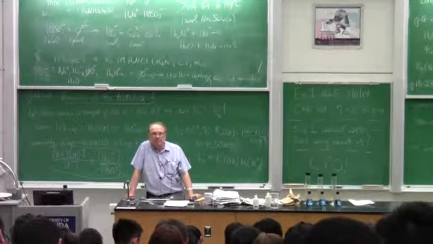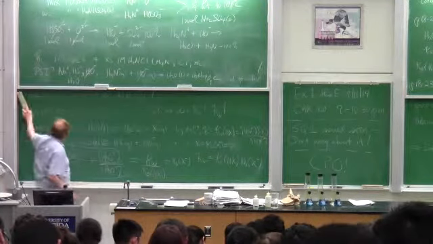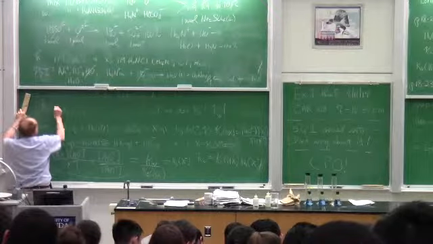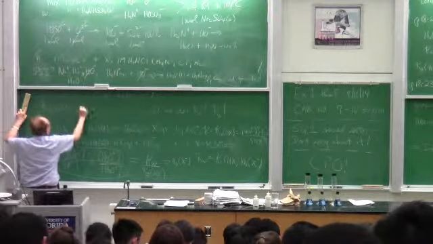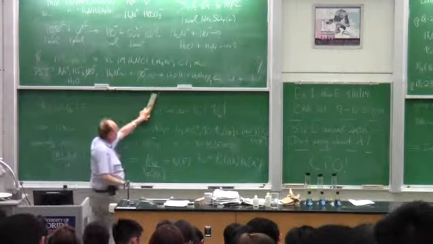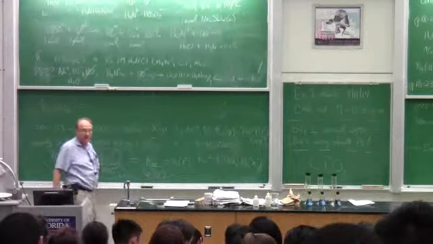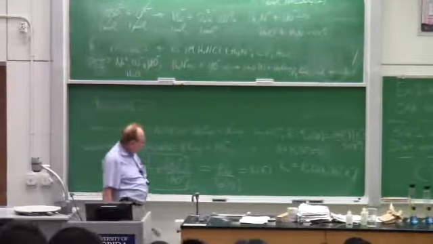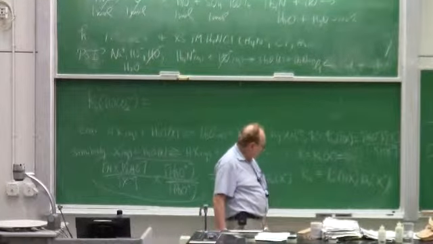How do we get Kb for hydrogen carbonate ion? Have we now developed a relationship which will allow us to get Kb for hydrogen carbonate ion? Imagine that here, I've got Kb for hydrogen carbonate ion.